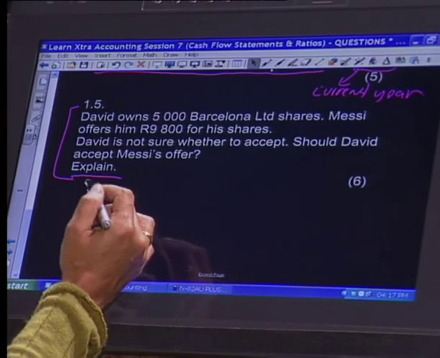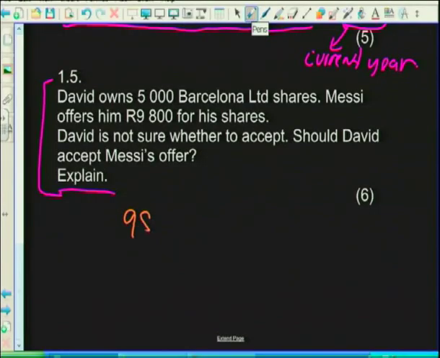So let's quickly look at how much Mercy is offering him for one share. We know what he's offering him for 5,000 shares. Let's try and calculate per share. What is the offer per share? So in our calculation, we are taking the total that he's offering, 9,800 Rand.